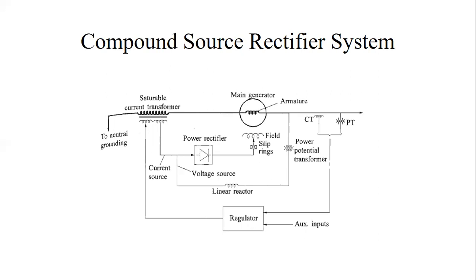This may be achieved by means of a power potential transformer, that is PPT, and a saturable current transformer, SCT, as shown in the schematic. Alternatively, the voltage and current sources may be combined by utilizing a single excitation transformer referred to as a saturable current potential transformer, in short SCPT.